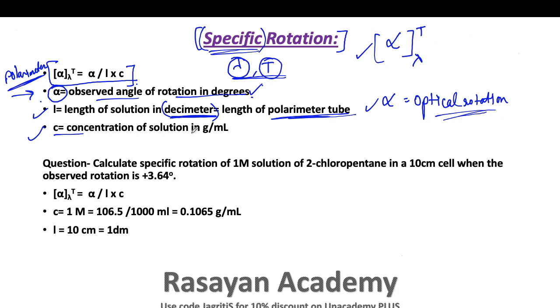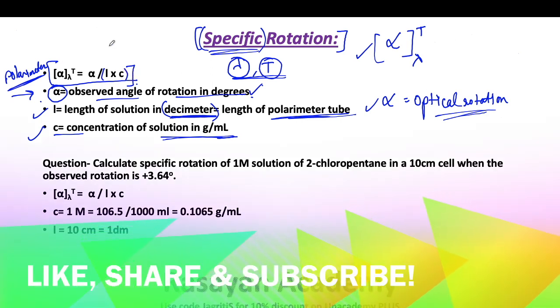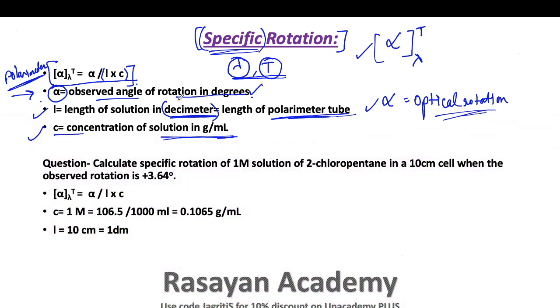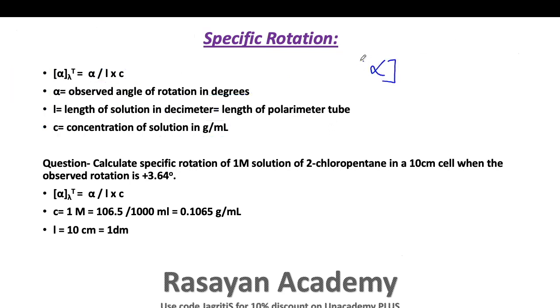Taking C as the concentration of the solution in gram per ml, right? So, this is what you have. Now, taking both of these variables, you divide the observed rotation by length and concentration, you get the specific rotation. All right. So don't forget to convert the units into decimeter for the length and gram per milliliter for the concentration. All right. This is super important. This is your overall formula. Okay, we are going to use this many times.